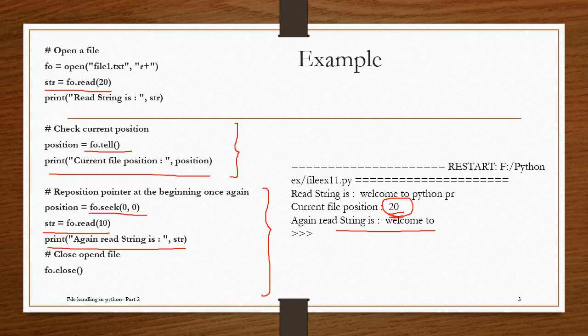Once the file operation is done, we can close the file using the close method. So this is a program which uses the concept of the seek and tell methods. The tell method is used to retrieve the current position of the file pointer, whereas the seek method is used to change or reposition the file pointer.